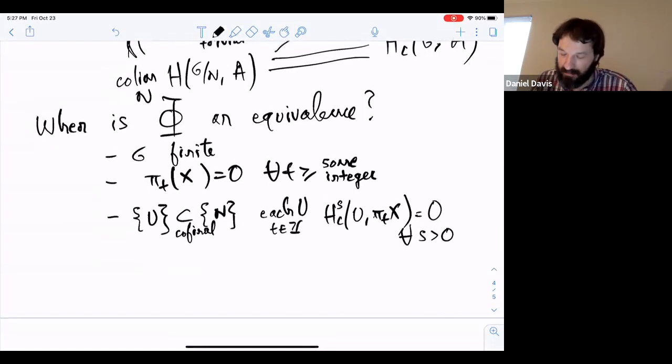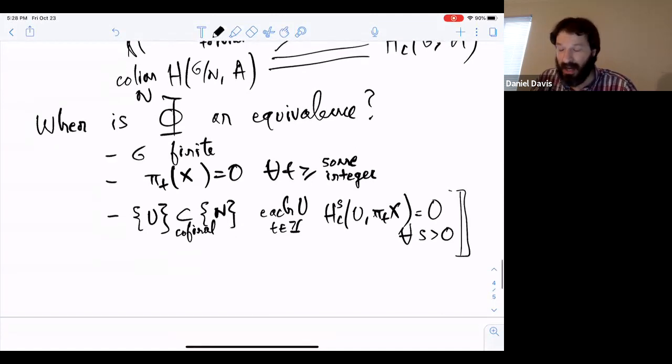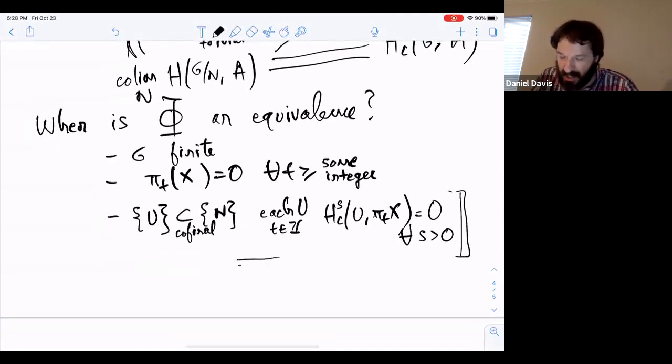Okay, and so these hypotheses are pretty strong, and so they have additional consequences.